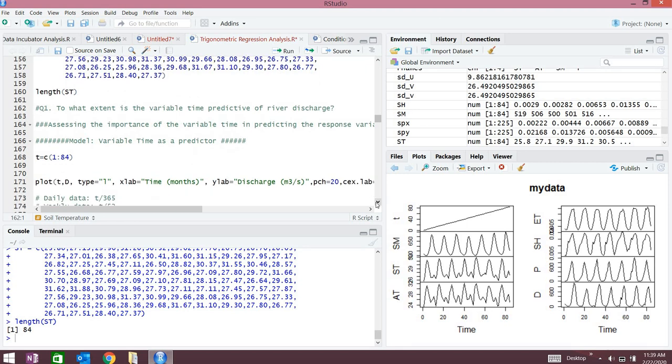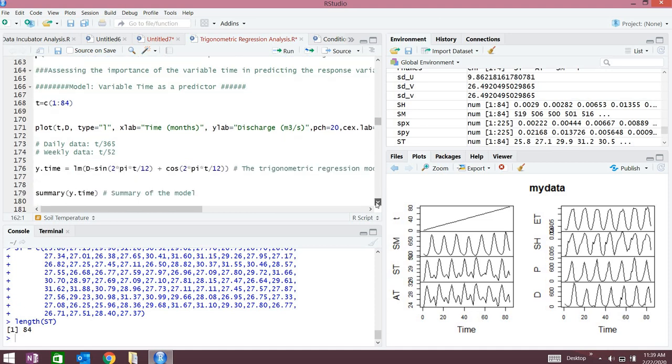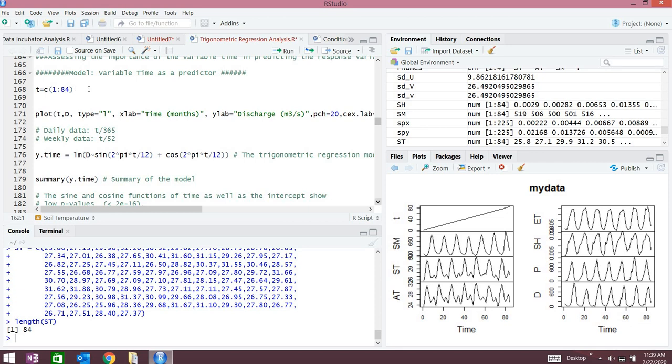Question 1. To what extent is the variable time predictive for river discharge? So we want to assess the importance of the variable time in predicting the response variable. So we have T equals C(1 to 84).